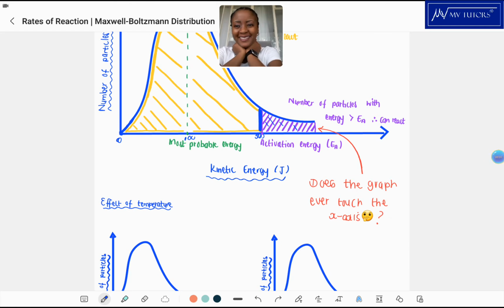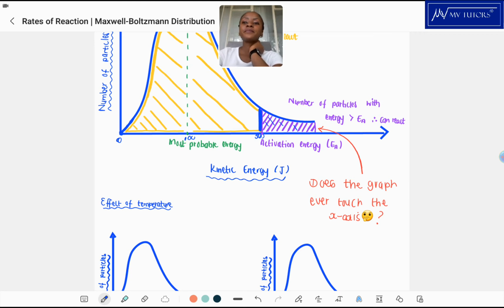And we're back. I left you with the question: does this distribution curve ever touch the x-axis? I said it does start at 0, because when you have 0 particles, there is 0 energy. But is this graph eventually going to touch the x-axis, or will the x-axis actually act as an asymptote?